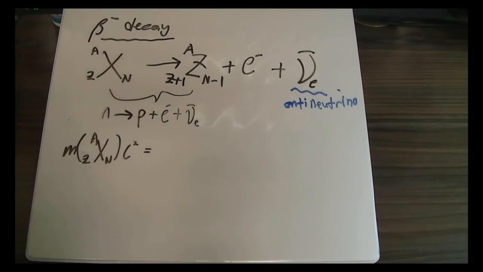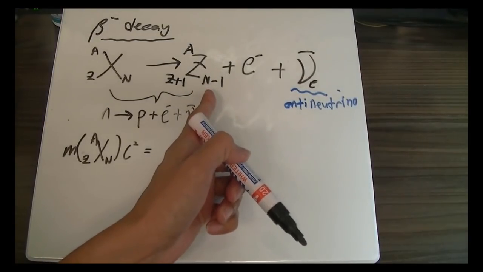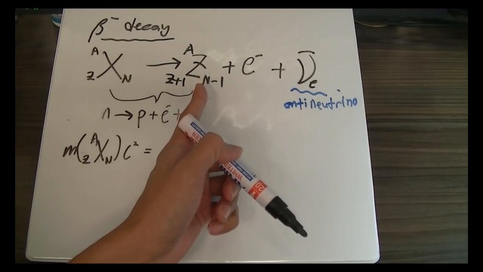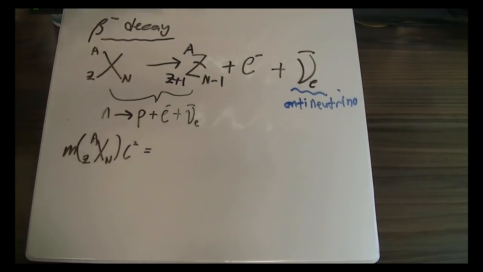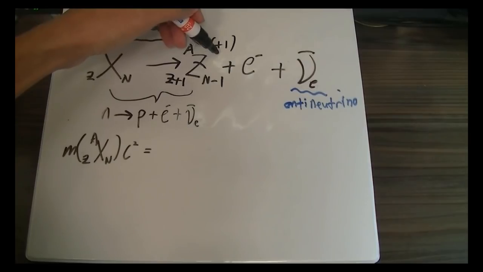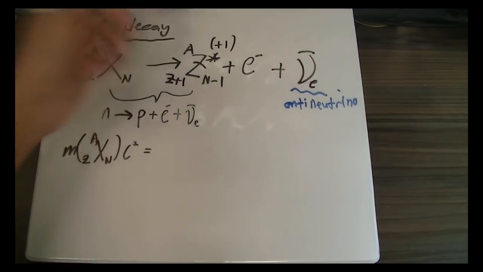And after the decay, of course I forgot to mention that since the daughter nuclide now has an excess of one proton, it is positively charged, and usually it is at an excited state, so I put an asterisk here.